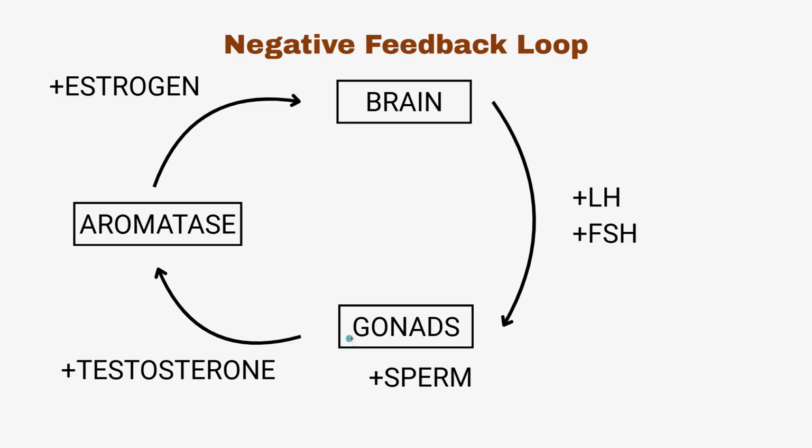And then if you are a man, that testosterone is going to go through the aromatase enzymes and turn into estrogen, and that estrogen is then going to go back up to your brain, which I'm not going to get too specific on which parts, and pretty much your body's going to maintain homeostasis, which is just like a balance, through this feedback loop. So testosterone doesn't get too high or hormones don't get out of whack.